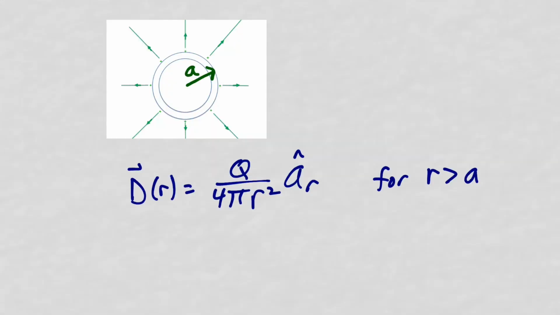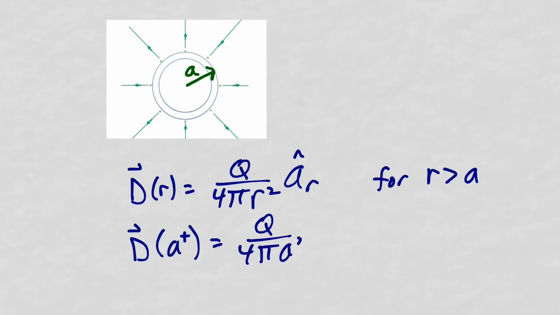So let's calculate the electric flux density field right at the surface of the sphere. So the value will be Q over 4 pi a squared, and 4 pi a squared is just the surface area of the sphere.